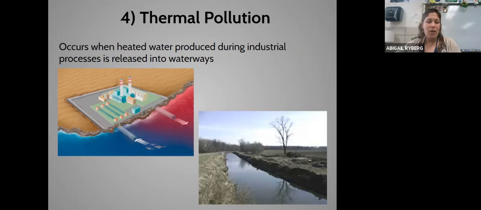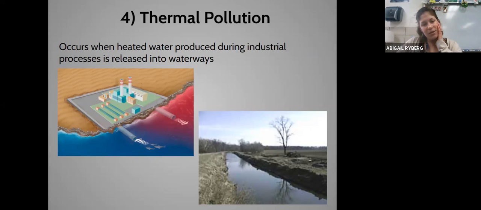So a lot of the water that we use in industry is used for cooling some type of industrial process or equipment. If you look at the example here on the top left, here we have some type of industry intentionally built right along this waterway because it wants to use it as a water source. And so far, this is totally legal.